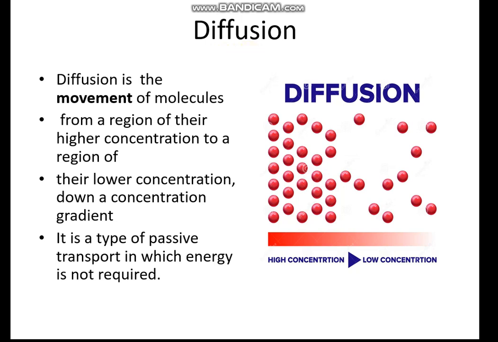Similarly, diffusion also occurs in plant cells, and you have studied in your previous classes that carbon dioxide enters the leaf cells by the process of diffusion. So diffusion is the process which occurs in living organisms and in other cases as well, like the air freshener example. It is the movement of molecules from the region of their higher concentration to the region of their lower concentration, down the concentration gradient.